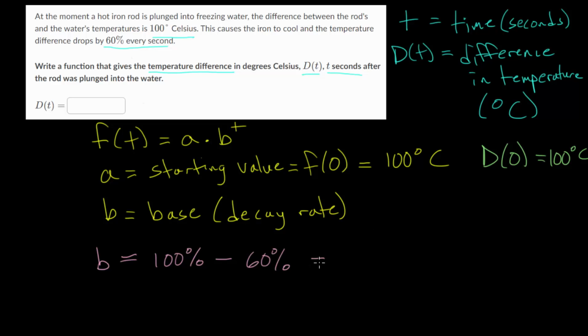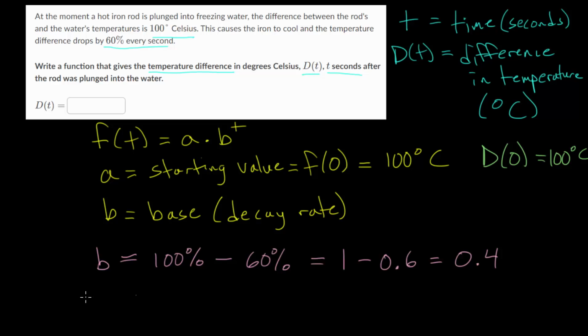So if we convert these to decimals, 100%, that's 100 divided by 100, that's just 1. And 60% is 60 over 100, or 0.6. So our decay rate, when we subtract this, is actually 0.4. Or in other words, from 1 second to the next, we're going to be multiplying by 0.4.